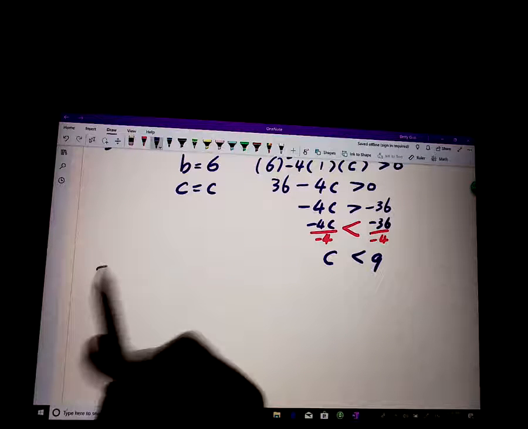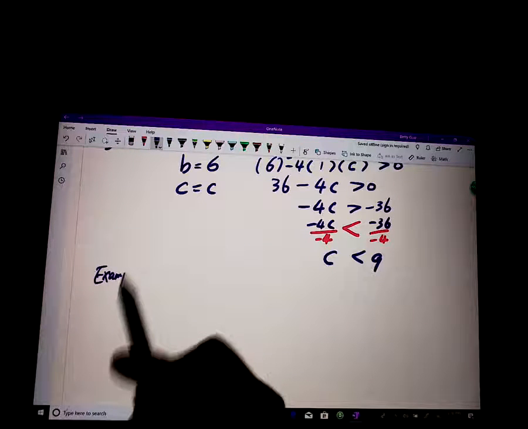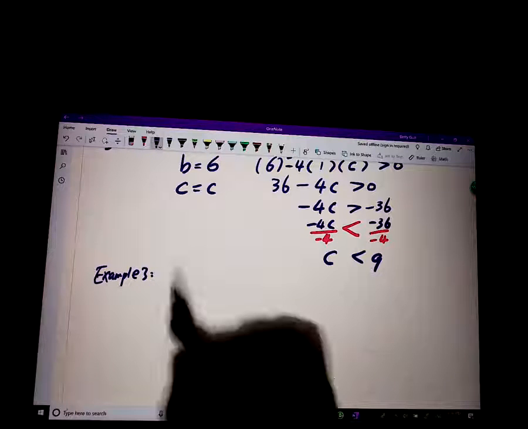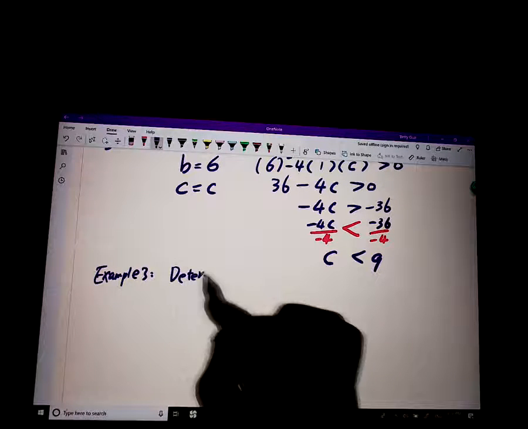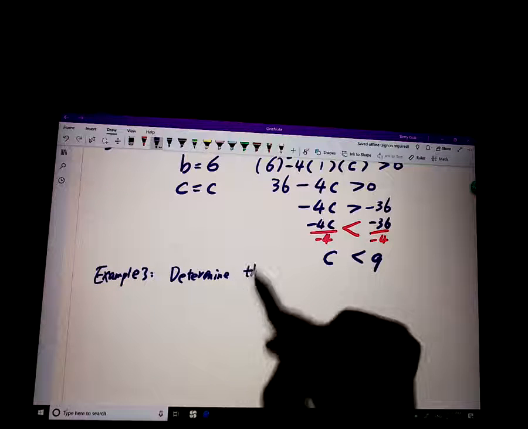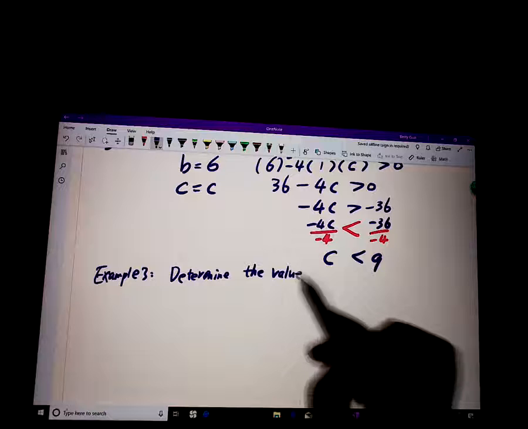Example 3, the last one. Determine the value or values.